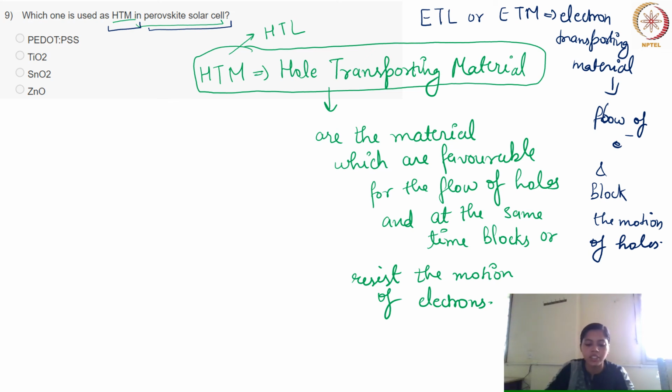Okay, so Naman is saying PEDOT:PSS. Very good. Okay. Manuprada is also saying A. Okay, so everyone is saying A. Yes, option number 1.